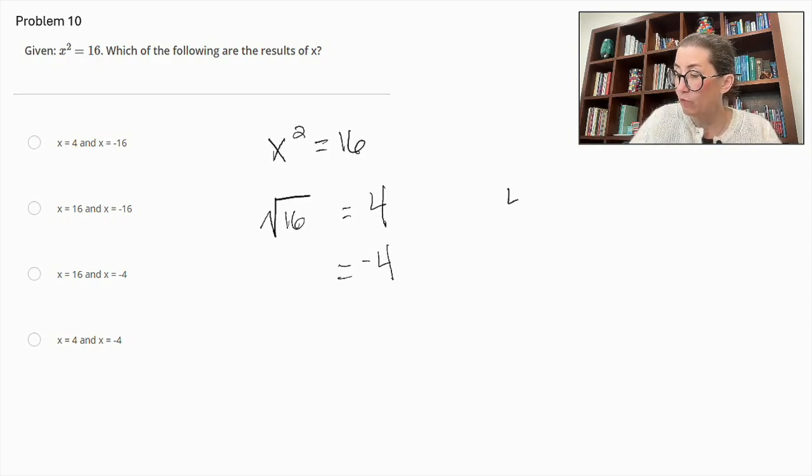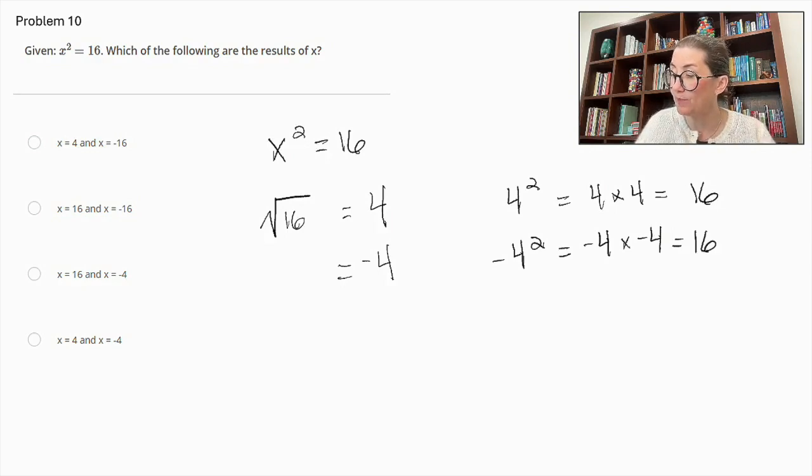Because 4 squared equals 4 times 4 equals 16. -4 squared equals -4 times -4 equals 16 as well. So we are going to be looking for the answer that has x equals 4 and x equals -4.